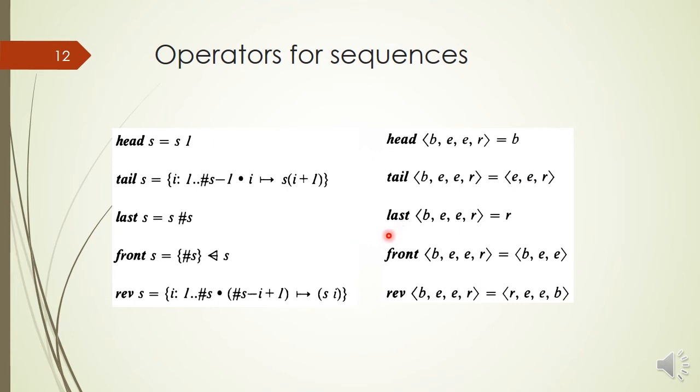And the last operator for sequences basically returns us the last value of the sequence. So in this example, you can see that R is the last value, so the last operator would return us the last value, which is R, and the return type would be a value of a set whose elements are used in the sequence.